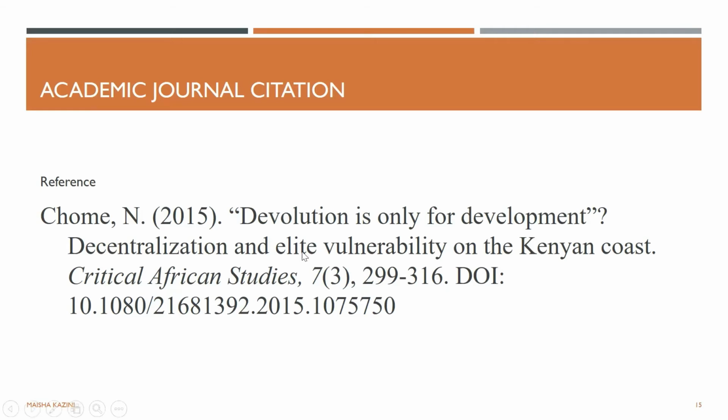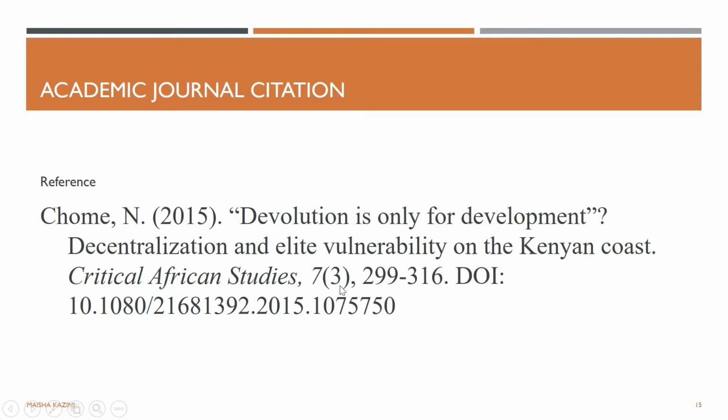And then we put a comma after Studies, space, and then put 7. Please note that from Critical up to 7, this is in italics. So 7 must be in italics, which is the volume number of the journal. But then we put the issue number, which is 3, in parentheses. And this 3 is not italicized.